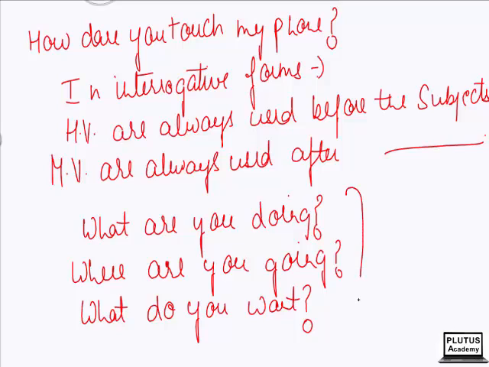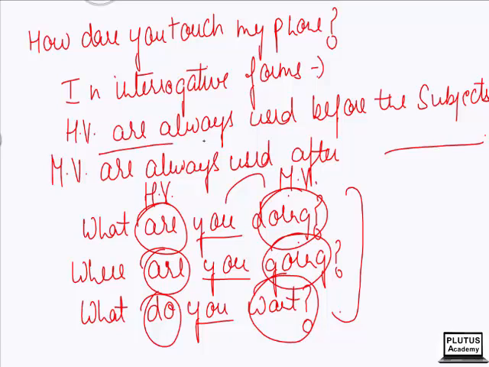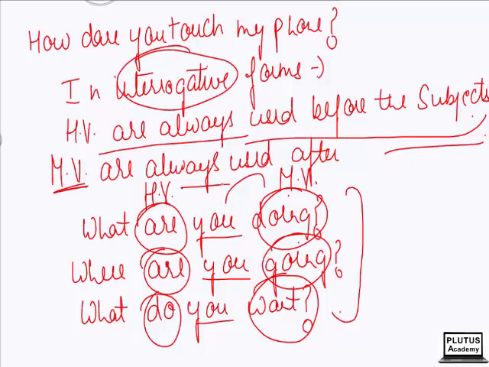In all the three sentences, the subject is preceded by helping verbs, and the subject is followed by main verbs. So, helping verbs are always used before the subject in interrogative forms, and main verbs are always used after the subject again in interrogative form.